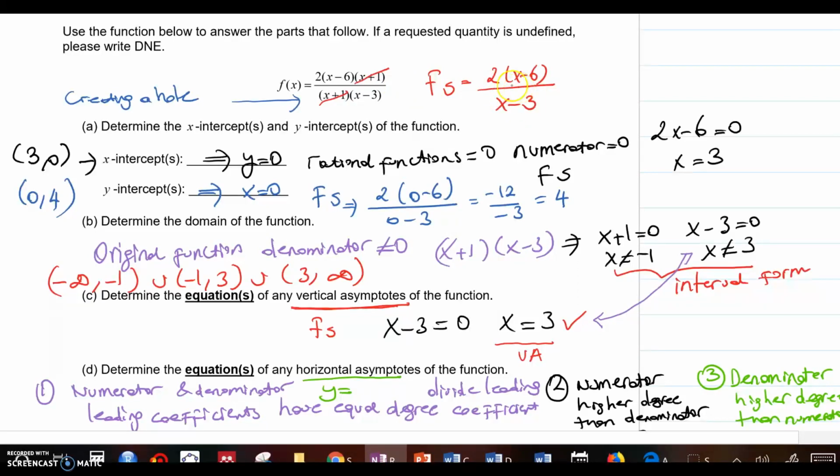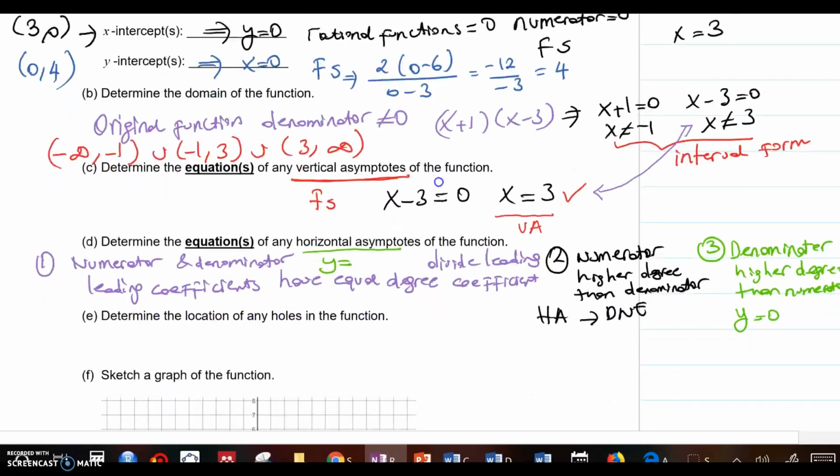Some x, first degree on top, first degree at the bottom, and the leading coefficient here will be 2. The leading coefficient at the bottom is 1. So they do have equal degrees, and the division of those degrees will be 2. So then horizontal asymptote here will be y equals 2.